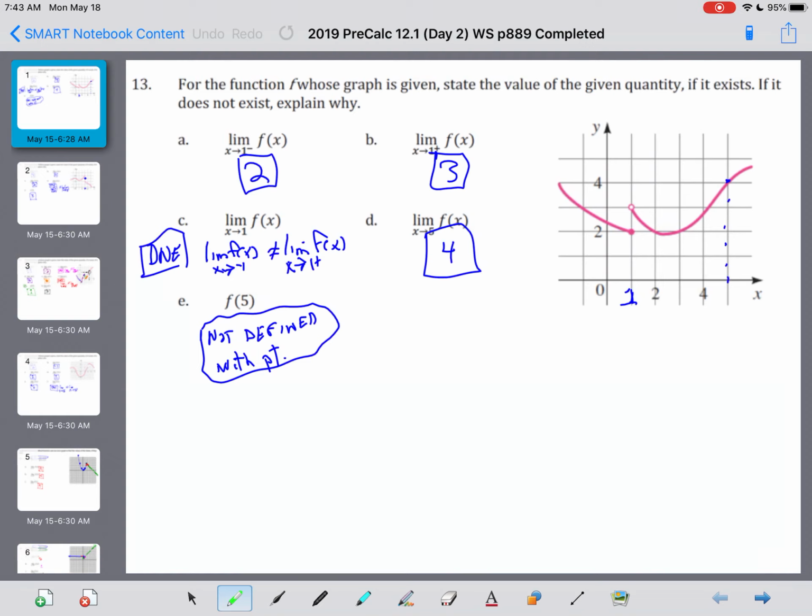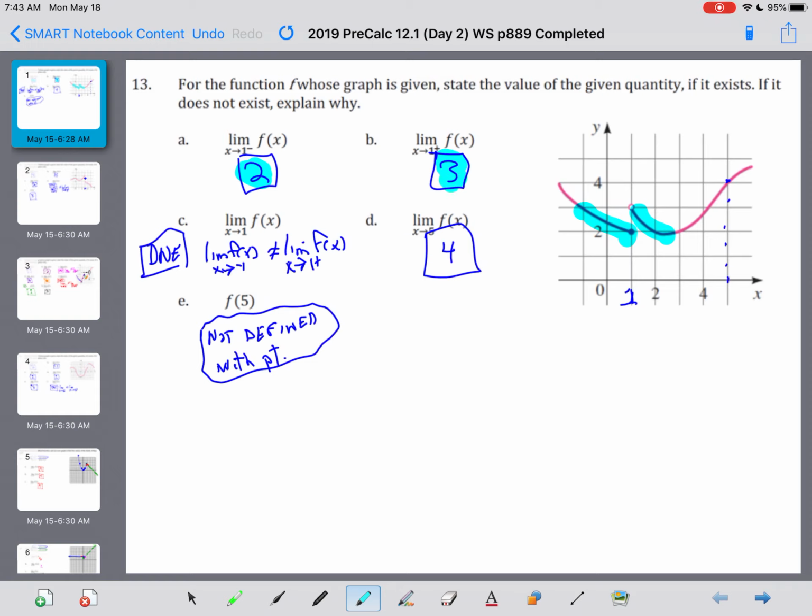These problems mostly have a graph, and from there we respond to a number of questions dealing with limits or function values. Okay, so A here, again, as my function approaches from the left, my height is 2. If it approaches from the right, my function value is 3.